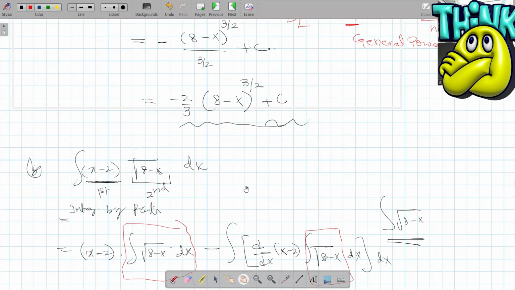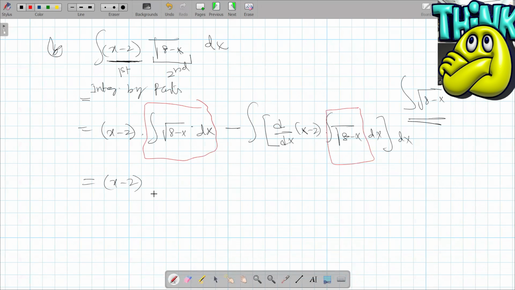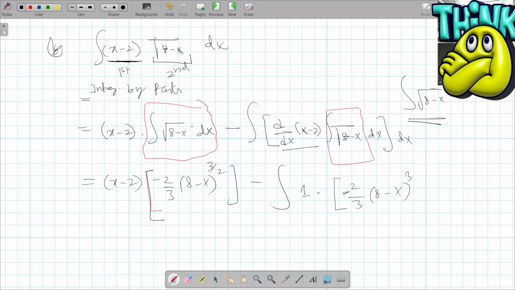It is written upward: minus 2 upon 3. So the answer of this is minus 2 upon 3, (8 minus x) raised to power 3 over 2. The derivative of this is 1, and the integration of this is minus 2 over 3, (8 minus x) to the 3 over 2, dx.